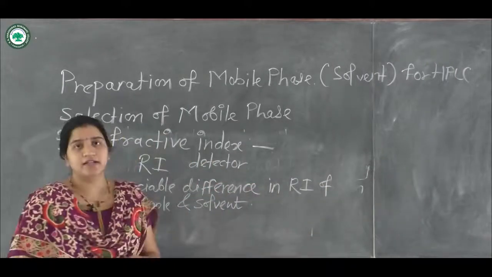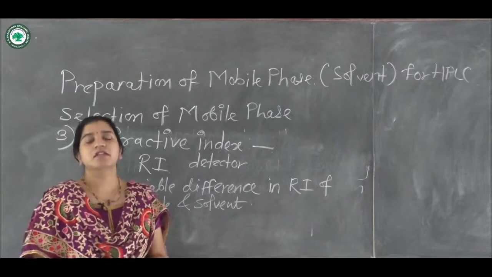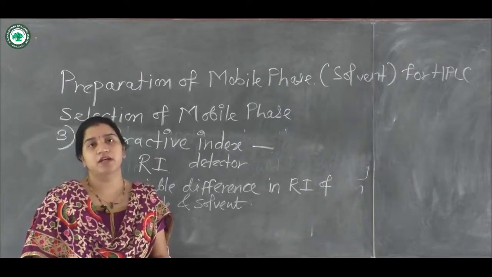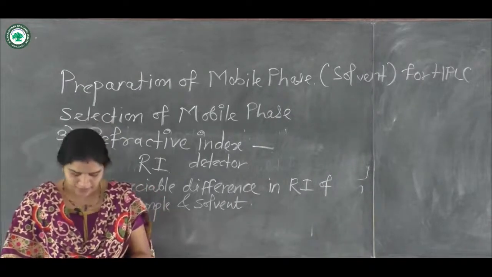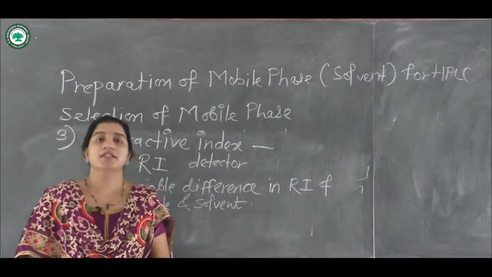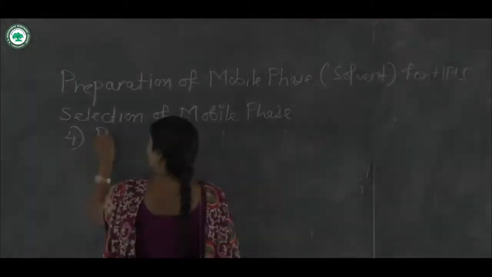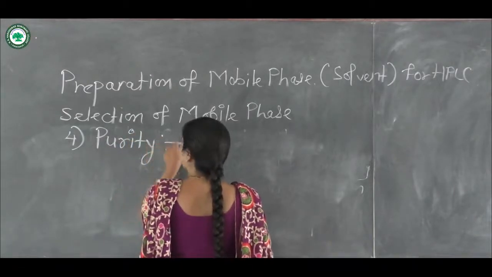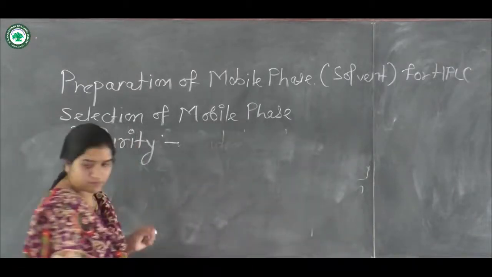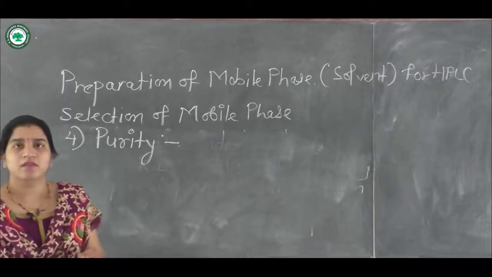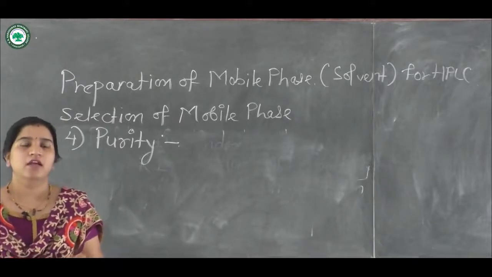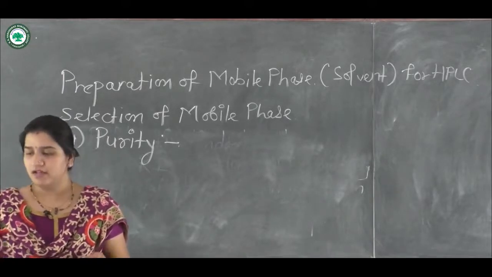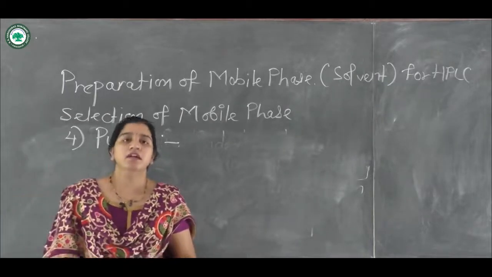Now, after studying the refractive index, the next most important phenomenon that you have to consider while selecting the mobile phase is purity. As all of you know, HPLC is a highly sensitive technique.